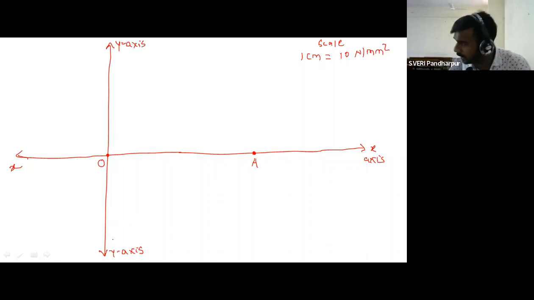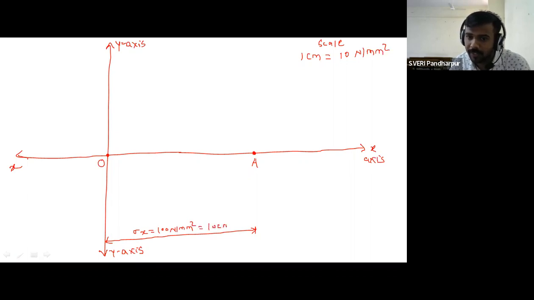Draw a horizontal line from the origin to A at the very bottom side and give it two arrows, and in it write sigma x is equal to 100 Newton per mm square which is equal to 10 centimeter.